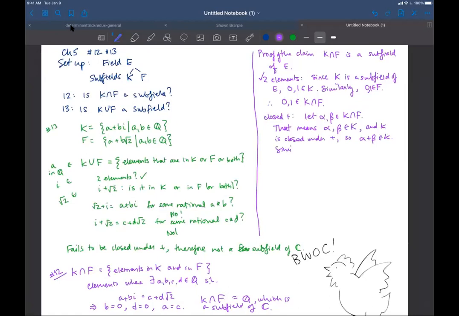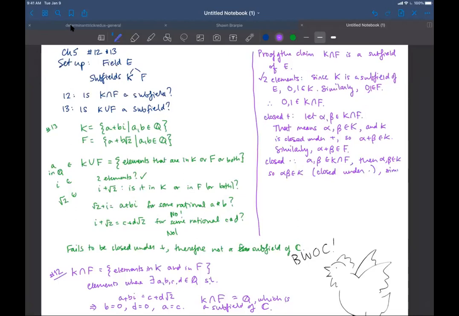And then similarly, alpha plus beta is in F, because alpha and beta are in F. F is a subfield of E, so it's closed under addition. So when I add up alpha and beta, I land back in F. Closed under multiplication is going to be the same thing, right? If alpha and beta are in the intersection, then alpha and beta are in K. So alpha beta is in K because it's closed under multiplication as a subfield.